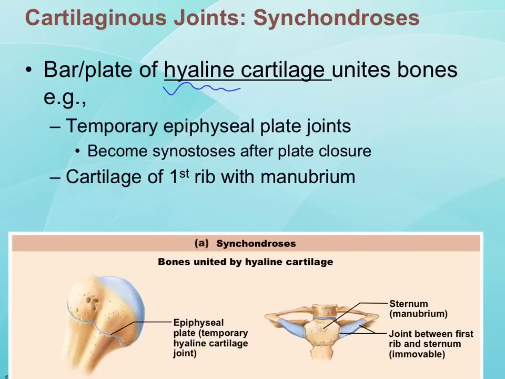Also when we were kids, our growth plate here is made of hyaline cartilage as well, and because it connects two pieces of bone, we consider this epiphyseal plate one type of hyaline cartilage joint as well, and that's a synchondrosis.